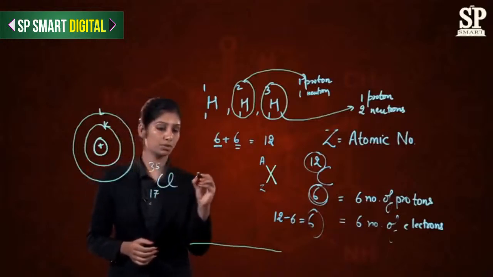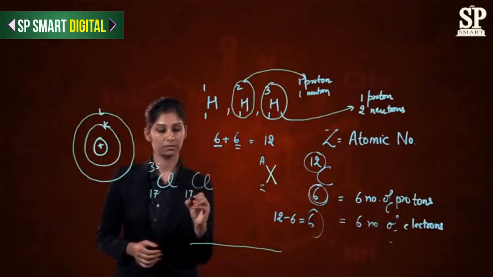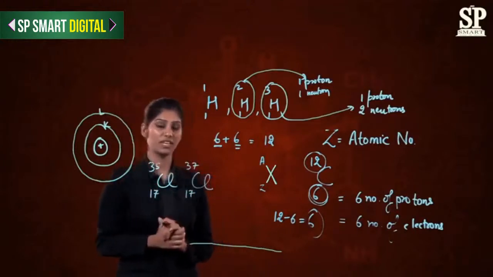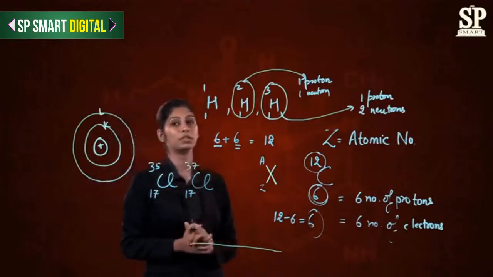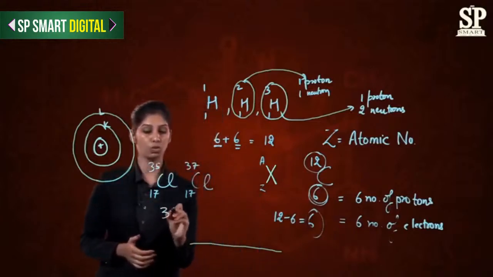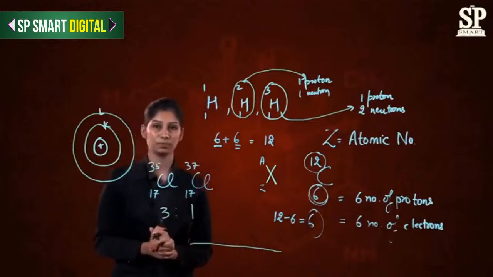So there are 2 isotopes of chlorine, one with the mass number 35 and another with the mass number 37, and they are present in a 3:1 ratio in nature.